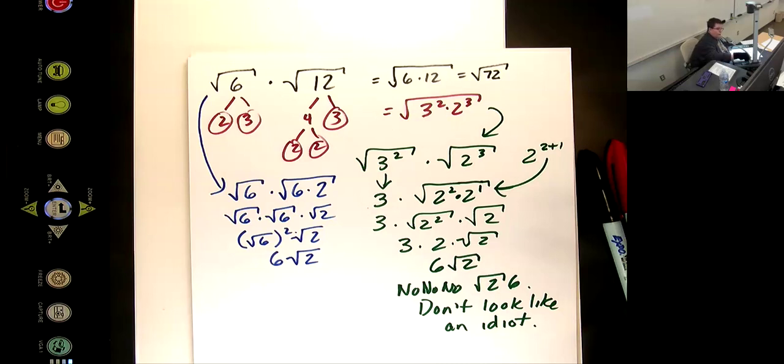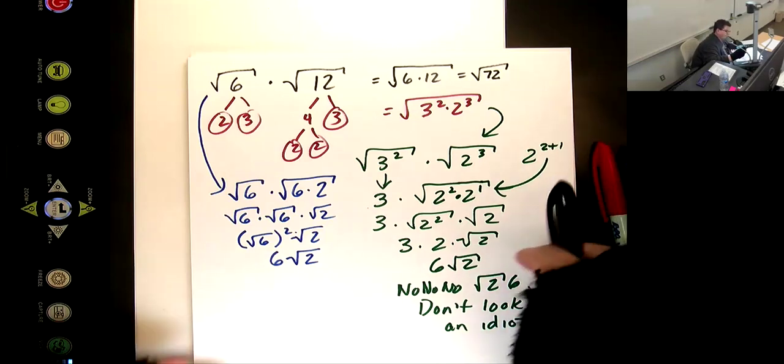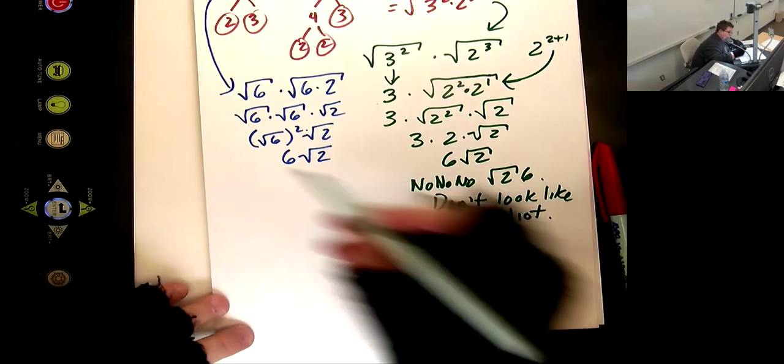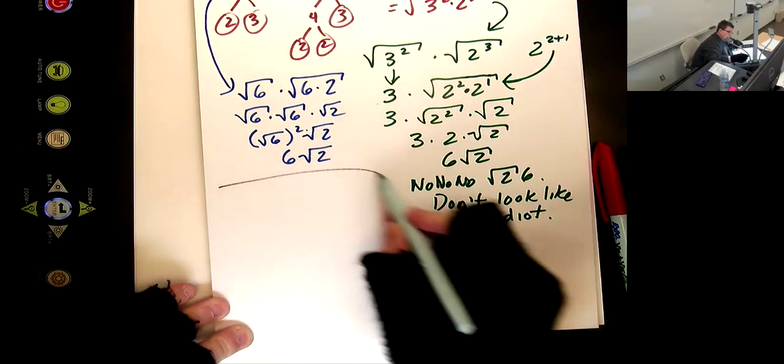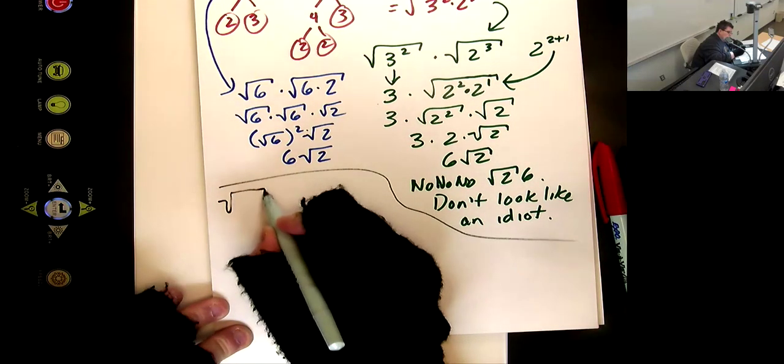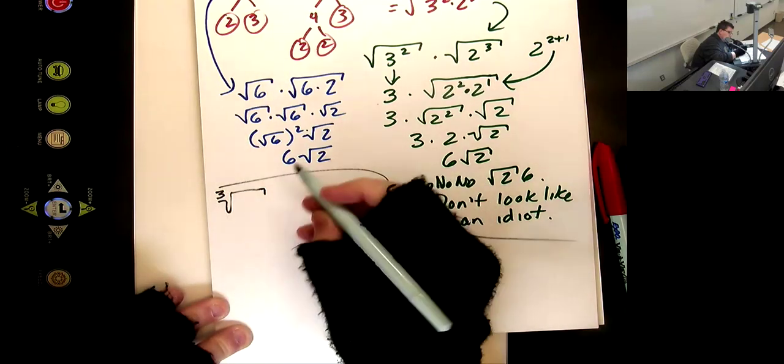All right, more review stuff. I was using numbers there, but this also applies to using letters. I'll do cube root this time.